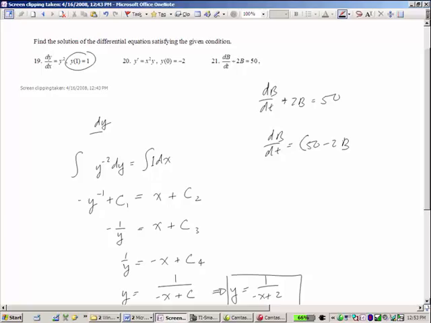This whole thing is actually an entire quantity. So when you think about separating the variables, think multiplication and division, not adding and subtracting. So to set this up, it would be 1 over 50 minus 2b db equals dt.